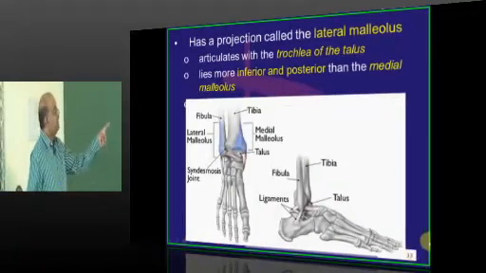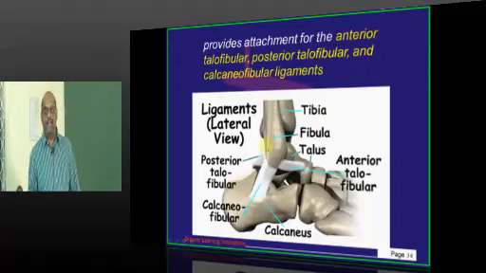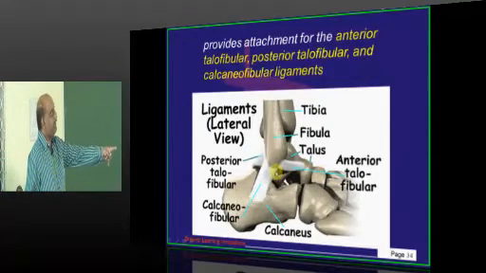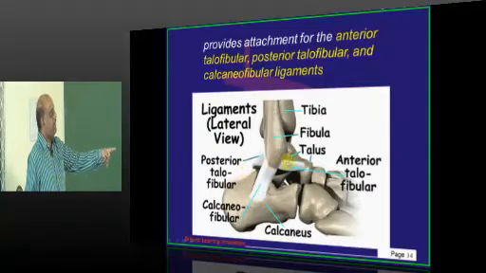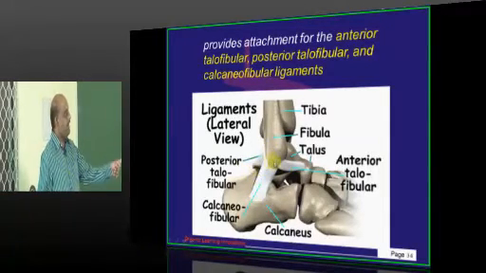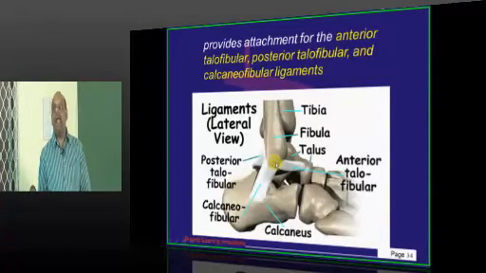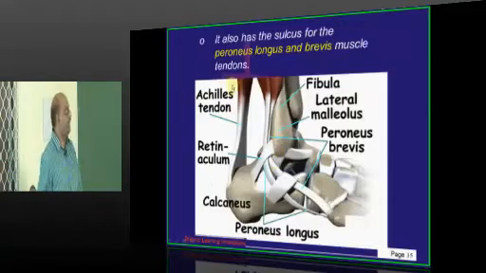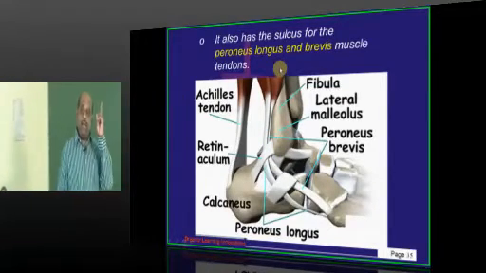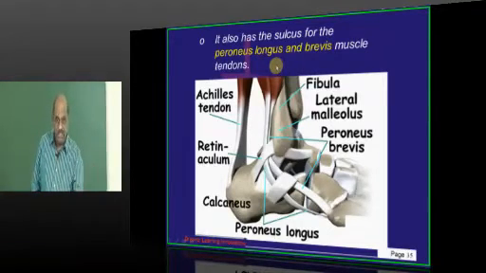Now, if you look at the lateral malleolus, what structures are attached to it? There is the anterior talofibular, posterior talofibular, and calcaneofibular. These are the three ligaments which attach on the lateral malleolus. Then the medial malleolus has a groove for the passage of tendons.